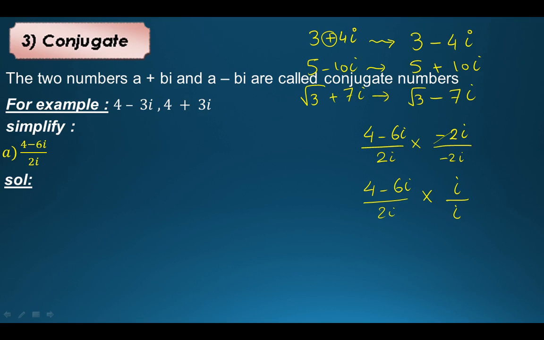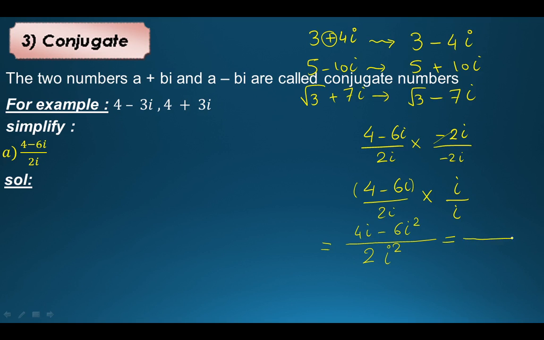First, we are going to solve the numerator. 4 minus 6i multiplied by i, we distribute: 4 times i is 4i, and negative 6i multiplied by i is negative 6i to the power of 2. And in the denominator, 2i multiplied by i is 2i to the power of 2.